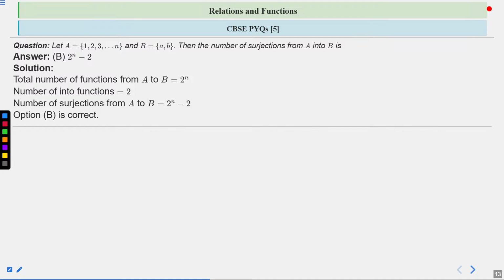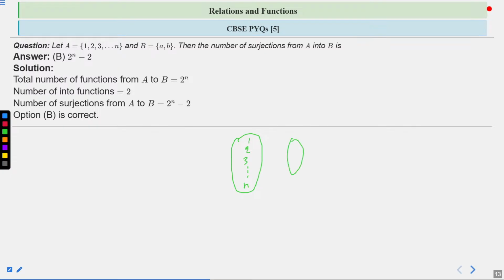Number of into functions: set A has 1, 2, 3 till n. What is an into function? The function which is not onto is into; it is the opposite of onto, it should never be onto.